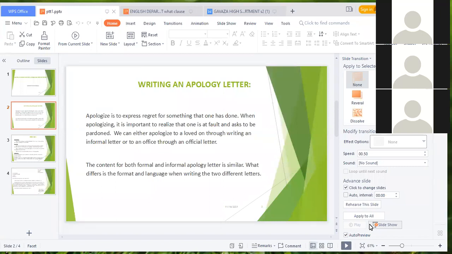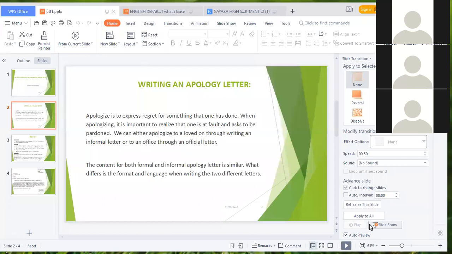So when apologizing, it is important to realize that one is at fault and asks to be pardoned. We can either apologize to a loved one through writing an informal letter, or to an office through an official letter. So it will depend on the person you are writing to. The content for both formal and informal apology letters is similar.